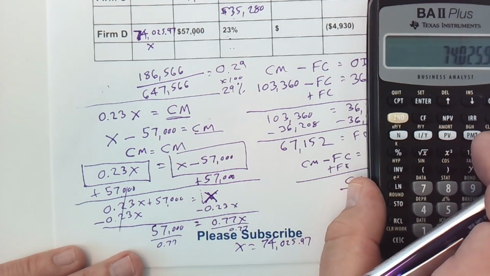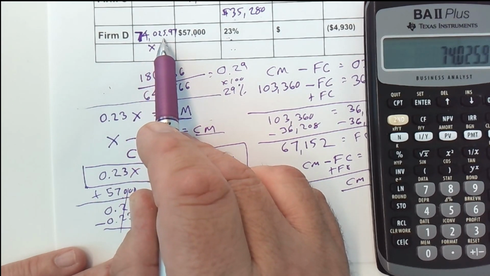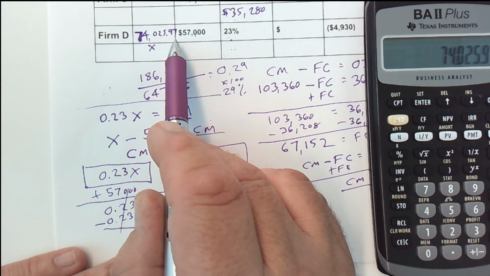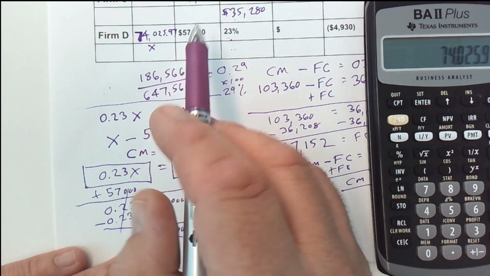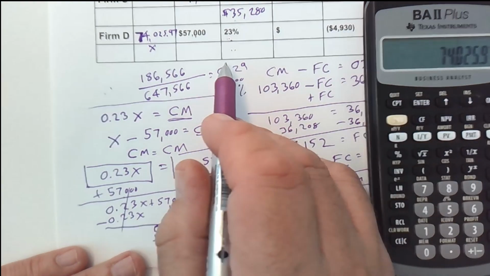$74,025.97 is my sales. And if I've got a contribution margin, we've got to figure out what that is.